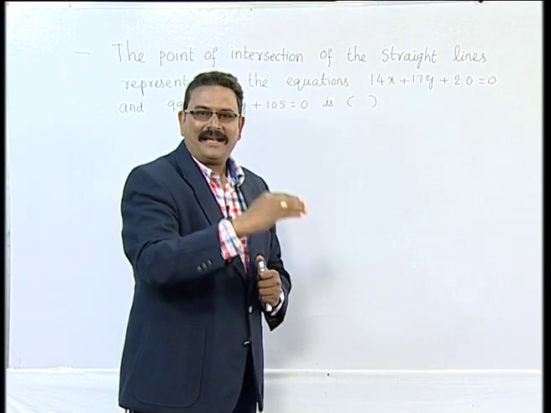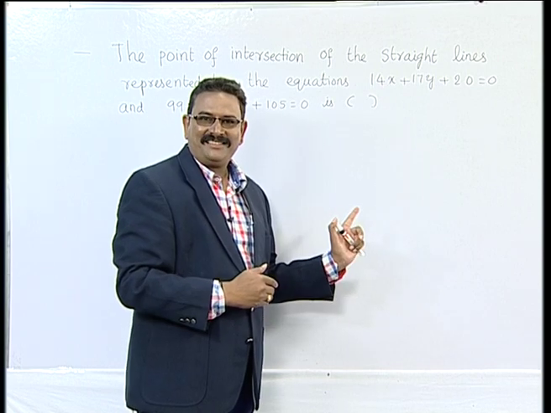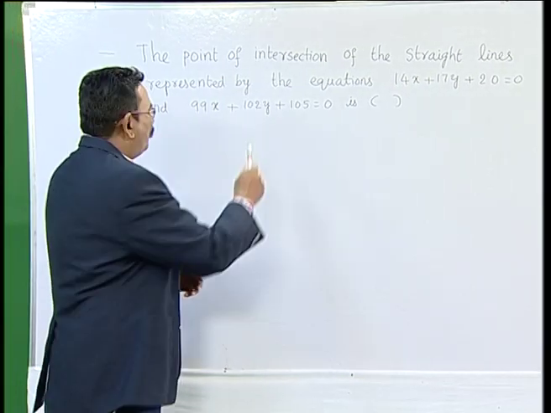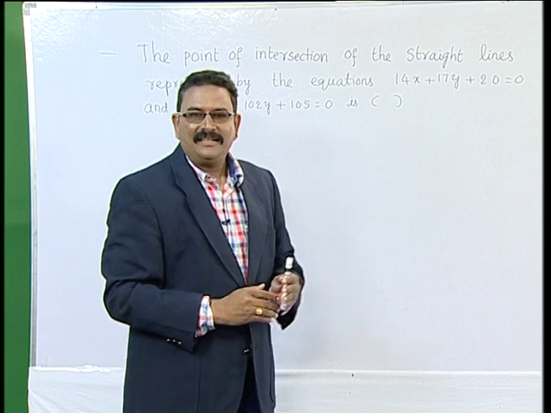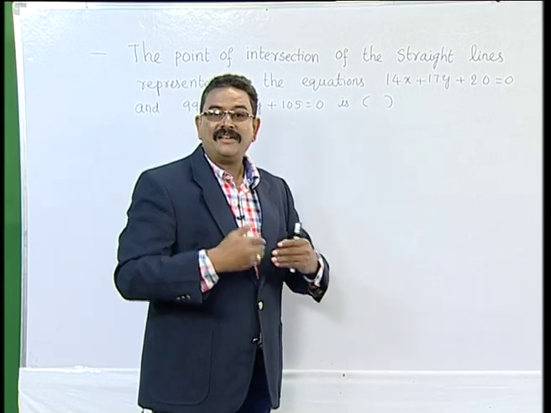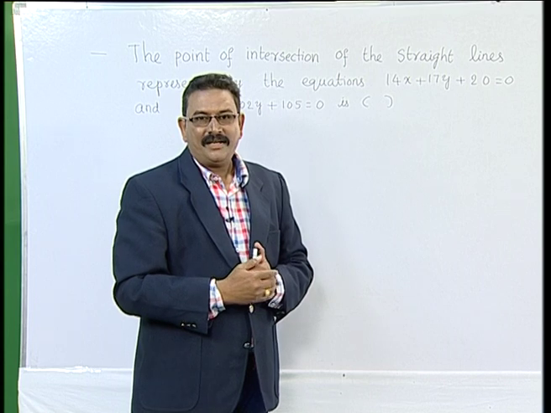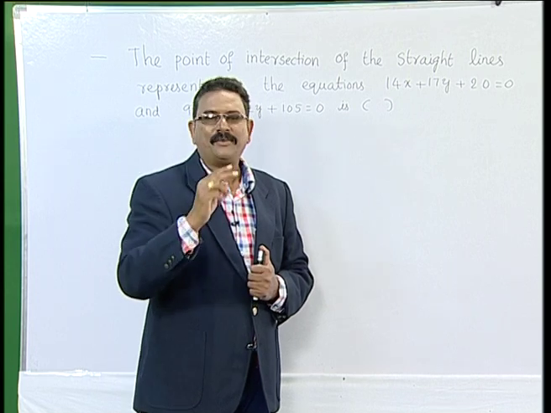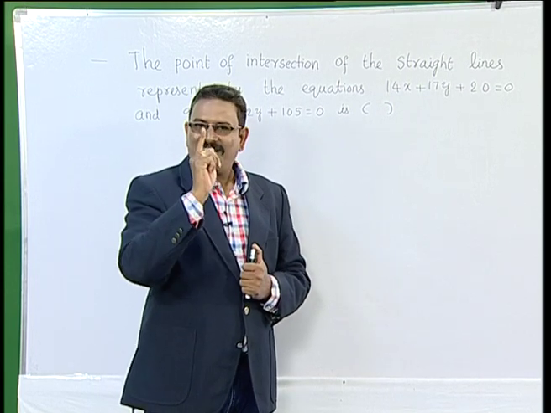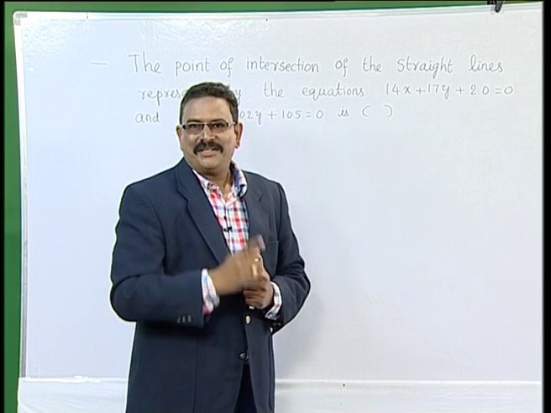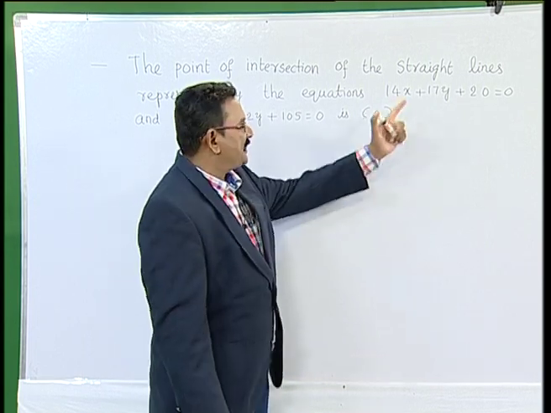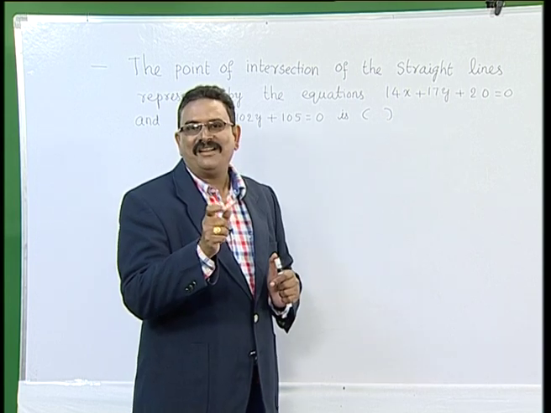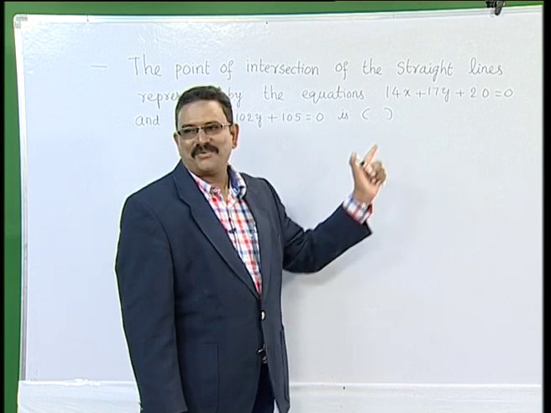Similarly, in the second equation, 99 plus 3 is 102, 102 plus 3 is 105. The coefficients of the second equation are also in AP. If the coefficients of both equations are in arithmetic progression, then our answer is 1 comma minus 2. That means (1, -2) satisfies the first equation and the second equation, so that is the common solution, the point of intersection of these two lines.